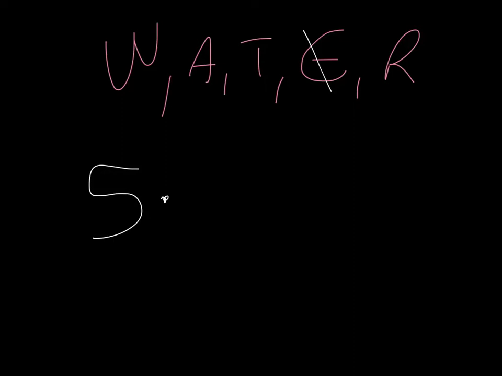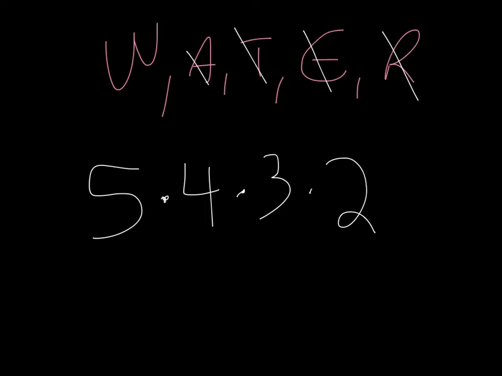Now, how many letter choices are available for my second letter? What I mean by that is my first letter, I could pick any one of the 5. The second letter, I can pick any one of the 4 remaining. So there's 4. Let's say I picked the T. Now, for my third letter, how many are available? There are 3, and I picked the R. For my fourth letter, I have 2 options available, so I picked the A. And for my last, I only have 1 option available.